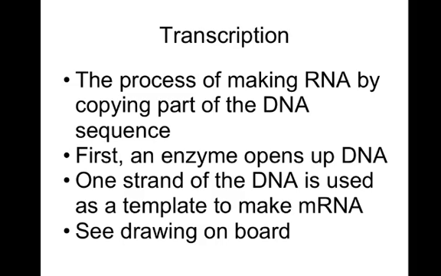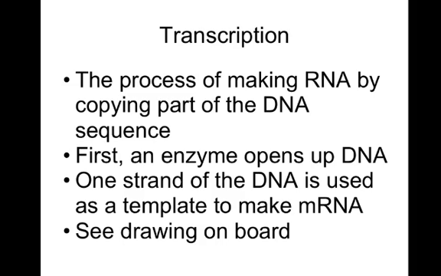This RNA is all about making proteins, but there are two processes that happen. The first is transcription. To transcribe something means to write it, and this process is very similar to writing. This is the process when RNA copies part of the DNA sequence. First, an enzyme is something that causes a chemical reaction.